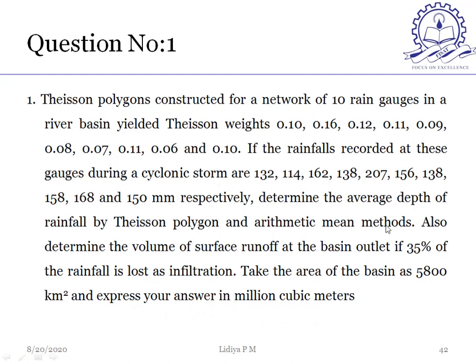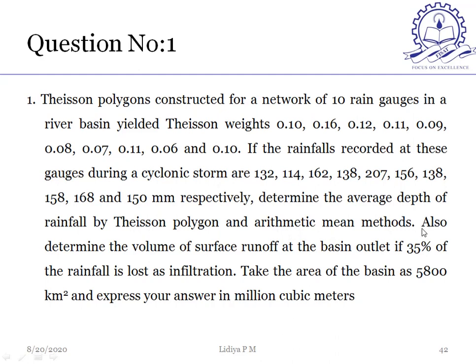Okay. So first, we have to calculate the average depth of rainfall using these two methods. We'll deal with the first part, then after that we will discuss the second part. First we are going to find the average depth of rainfall using the arithmetic mean method, then we will discuss the Thiessen polygon method.